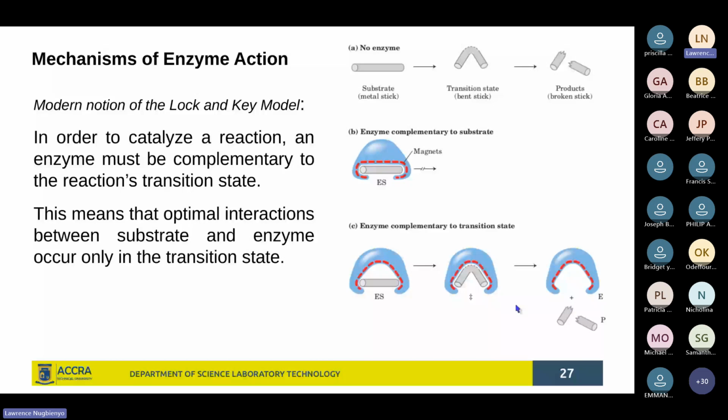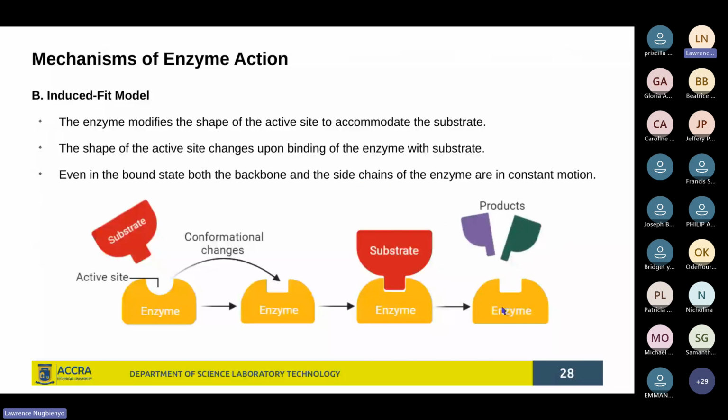But here in the induced fit model, you realize that it is the enzyme. It is being depicted here that if this is the active site of the enzyme and it is round and the substrate is square, it cannot fit into it. This square substrate cannot fit into this round enzyme. And so it is rather the enzyme that gets configured to now fit the substrate.